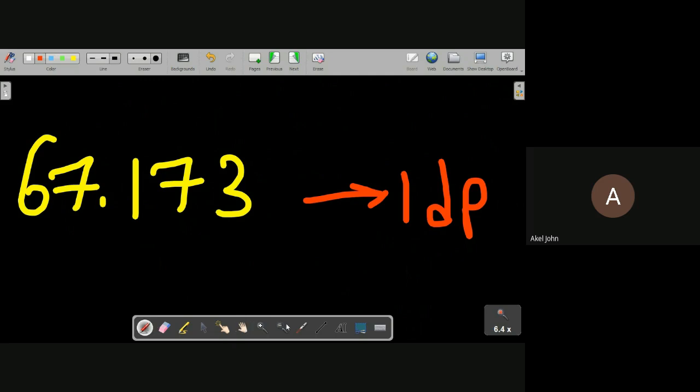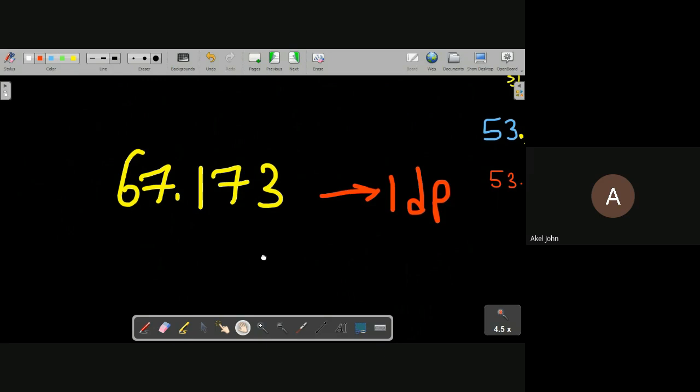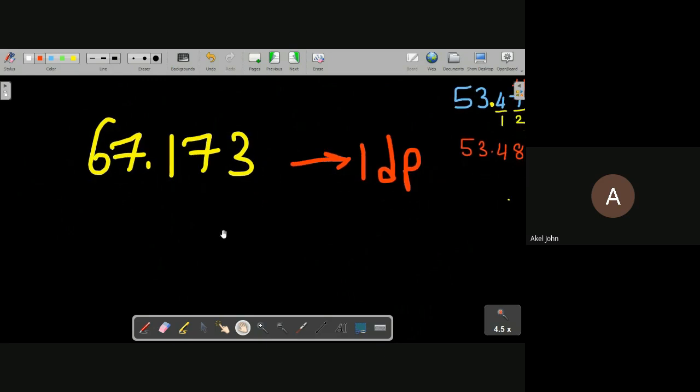Okay, that should be enough time. So to one decimal place, this would be 67.173. We locate our decimal point, and our first decimal place would be the 1. So since they ask us for one decimal place, we need to inspect the second.